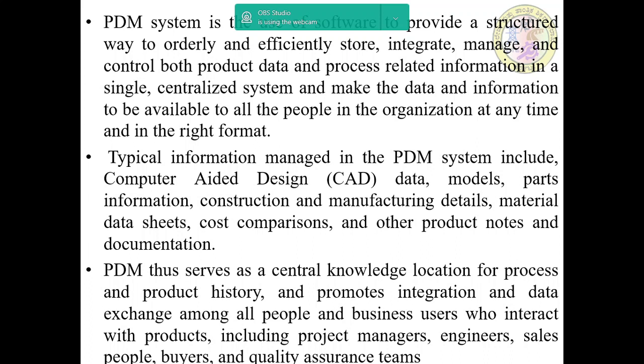The PDM thus serves as a central knowledge location for processes and product history, and promotes integration and data exchange among all people and business users who interact with products, including project managers, engineers, sales people, buyers, and quality assurance teams.